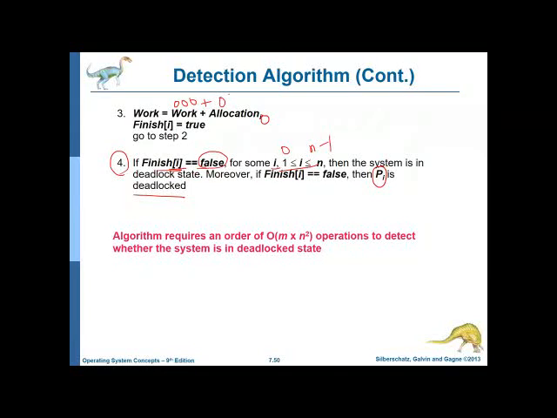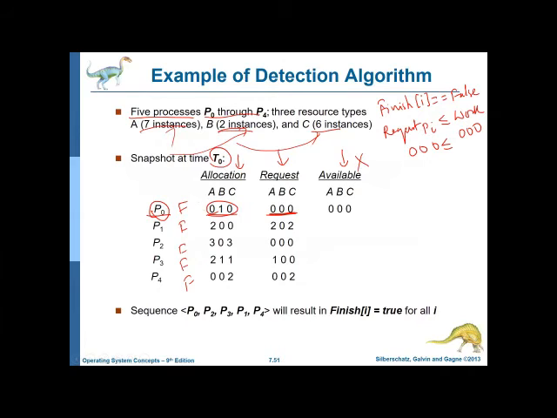Now add these two together one by one. 0 plus 0 is 0, 0 plus 1 is 1, and 0 plus 0 is 0. So that is why it goes from left to right. You have 0, 1, 0. Got it? So this is the new availability. What is the meaning of that? Process number 0, after requesting whatever it needed, if it got it from the available, it will release everything back to the availability pool.